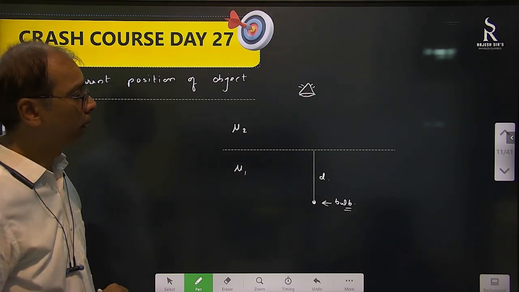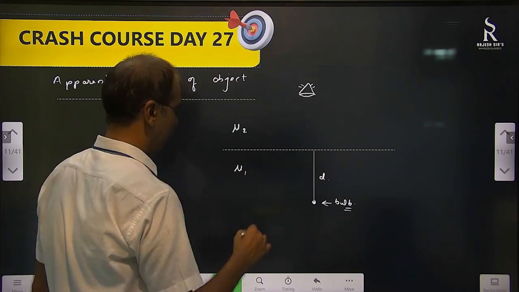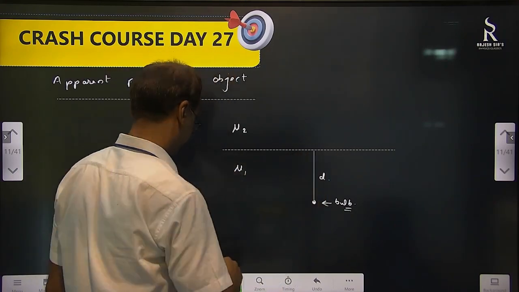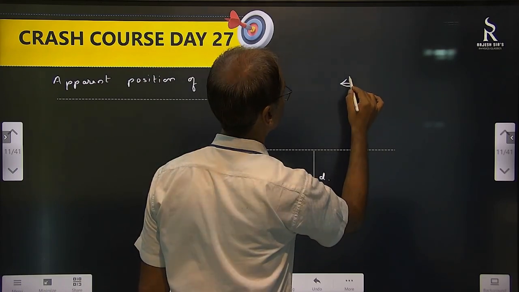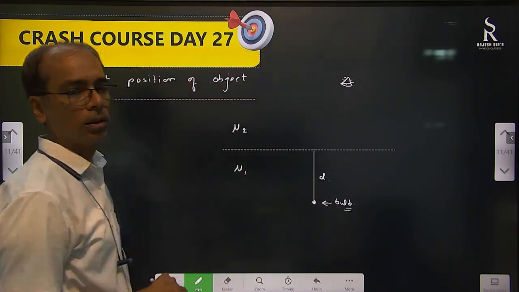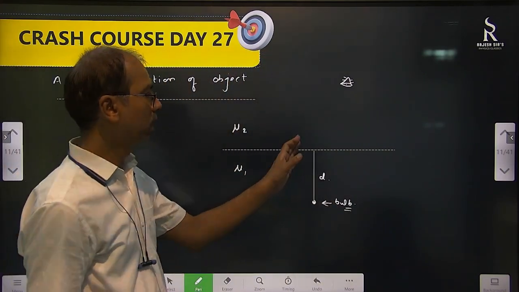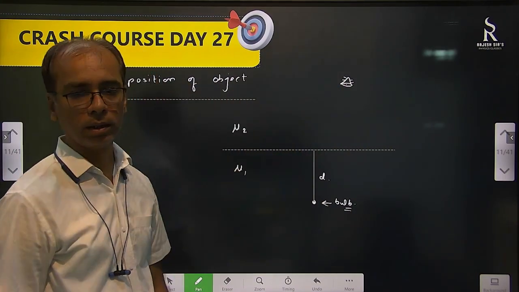Now what will happen? This I'll be making slightly away from the normal, slightly away. Here it is. Now what is happening? This ray, which will go into this one, obviously it will not be going directly.